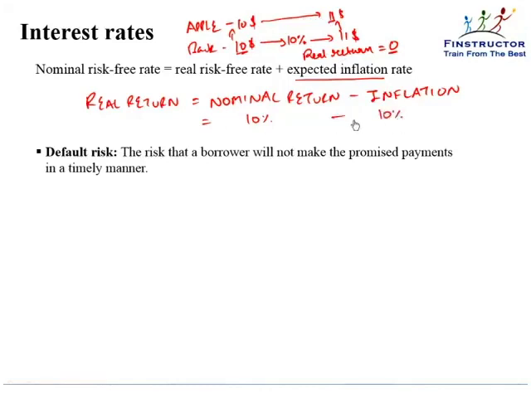So theory says that the minimum nominal return that has to be offered has to equal the expected inflation. Otherwise, nobody would invest. Why would you put your money in the bank? You will rather buy goods or commodities because the prices of commodities are going up by more than the rate of return that you are getting.